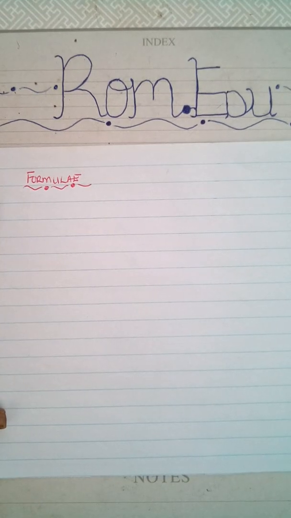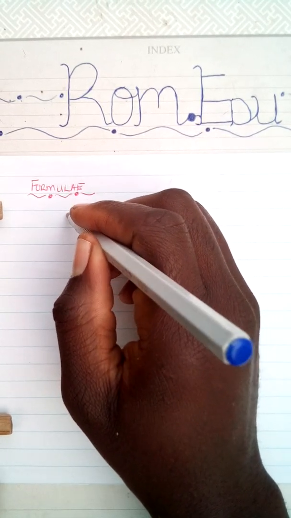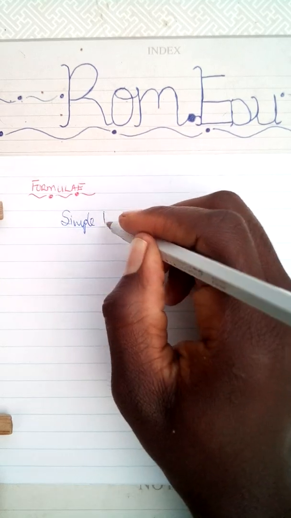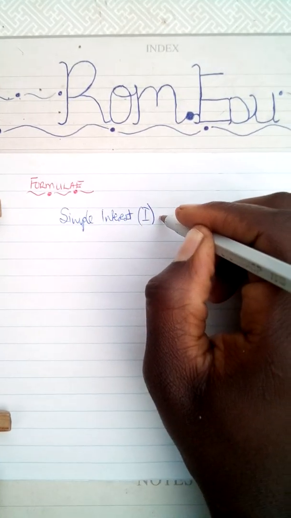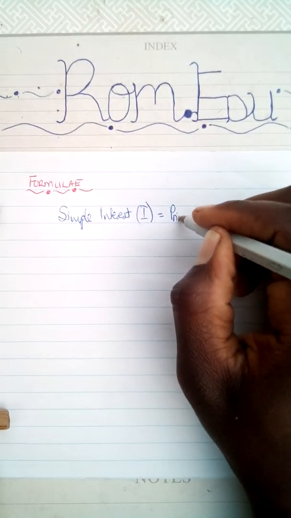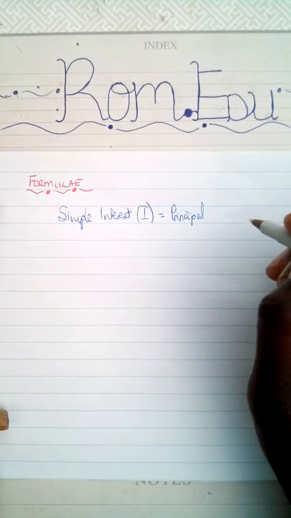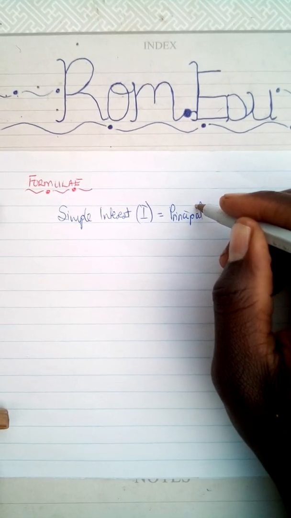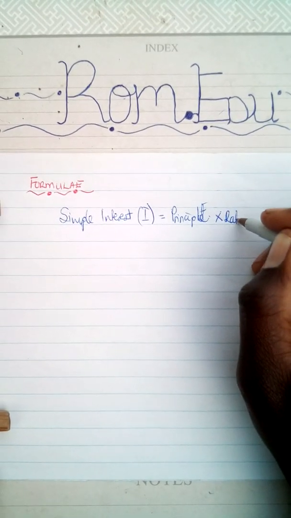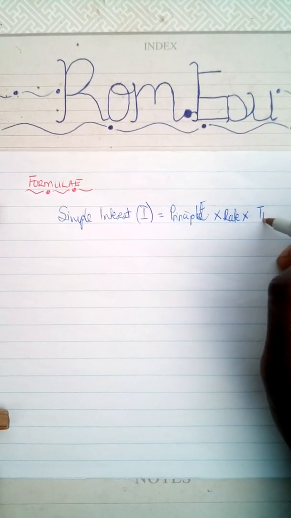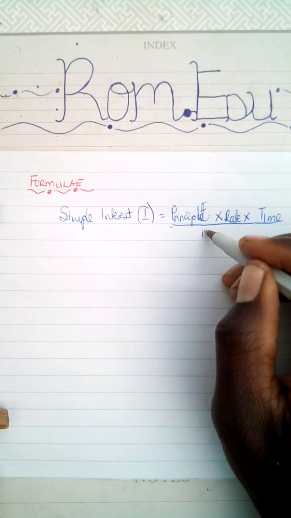Now let's look at the formulas that you use when calculating this interest. Simple interest, denoted by a capital letter I, is equal to the principal times rate times time, all over 100.